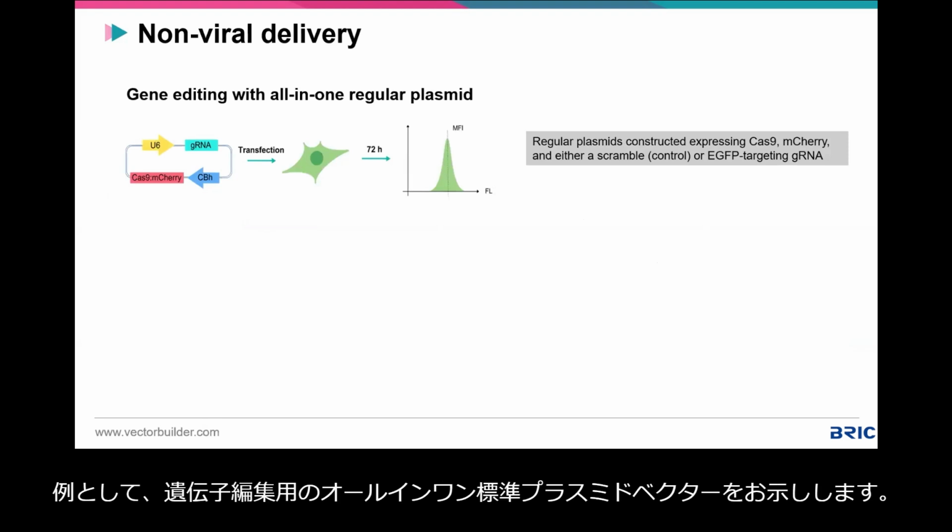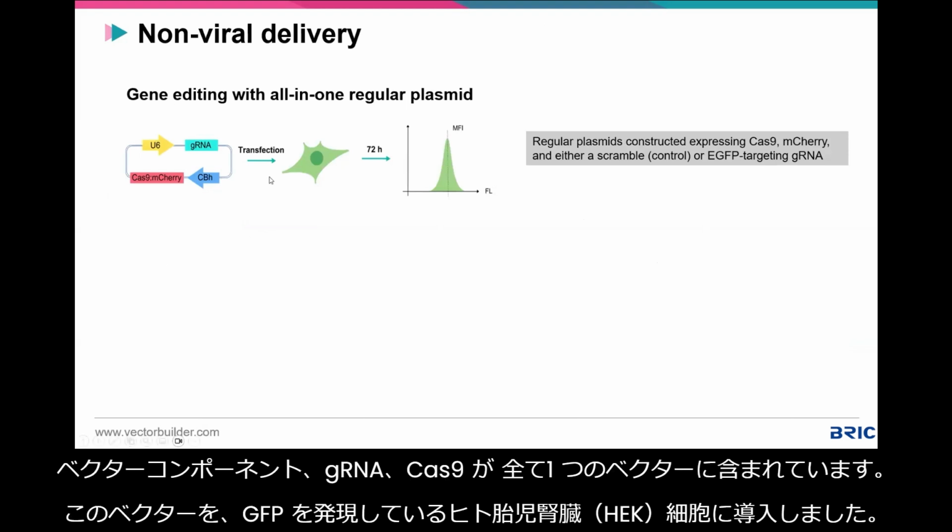And this is gene editing with an all-in-one regular plasmid, the data that I'm showing here. So what is happening here is that we have our vector components, guide RNA and Cas9, all in a single vector, and we're transfecting this vector into human embryonic kidney cells that are expressing GFP.